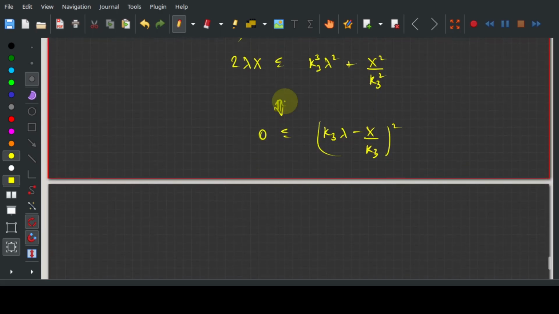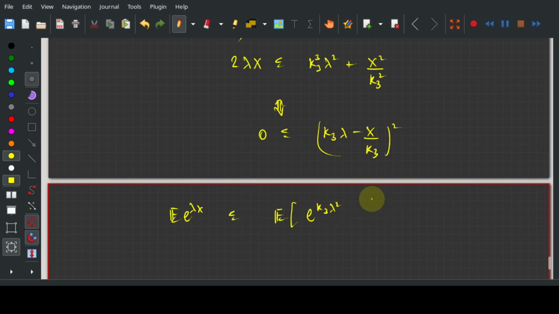Okay, so now I want expectation of e to the lambda x. So this is less than or equal to expectation of e to the k3 square lambda square times e to the minus x square by 2 k3 square.